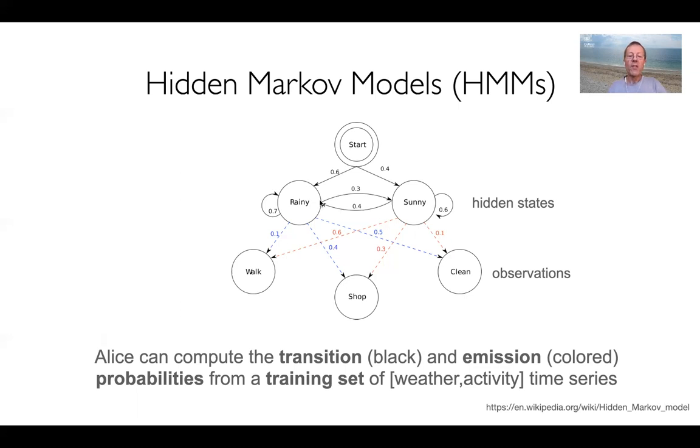And then she defines what's called transition probabilities between the hidden states. So, for instance, this transition probability says that if you have a rainy day, the probability that the next day will be sunny, that you will make a transition from a rainy day to a sunny day, is 0.3. Likewise, if you have a sunny day, the probability that the next day will be rainy is 0.4.